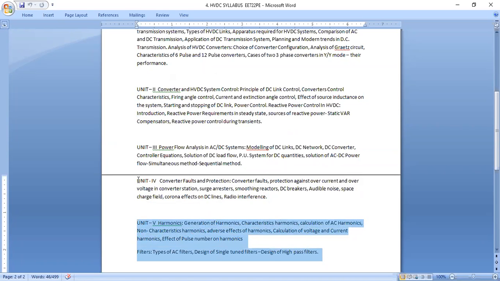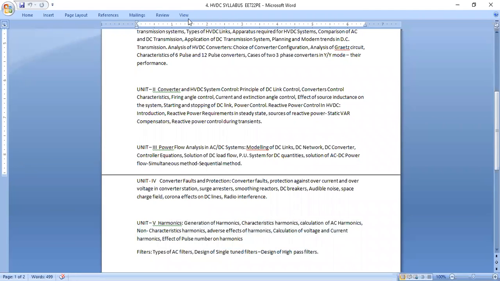Before the revision of 4 and 5, for class test, mid exam 1, I will give questions from unit 1 and unit 2 only.